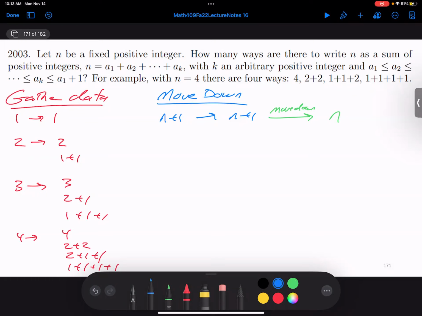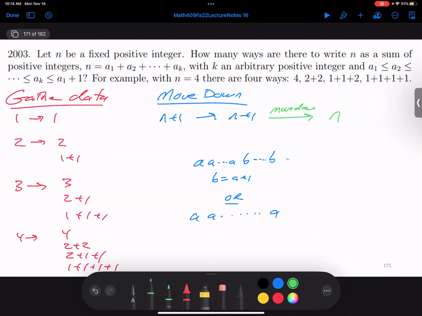So maybe we have A, B, B. And what's the relationship between A and B? So B equals A plus 1, or we might just have all A's.